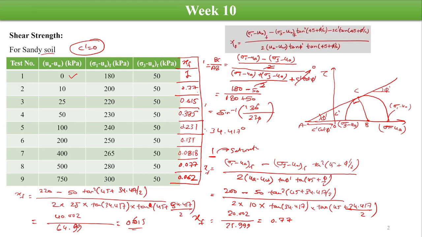Here we can observe that as the value of ua minus uw is increasing, the value of xi f is decreasing. So this observation can be made from here, and in this way we can obtain the value of this effective stress parameter. Please have a look at this question and do let me know if you have any doubt in this one.